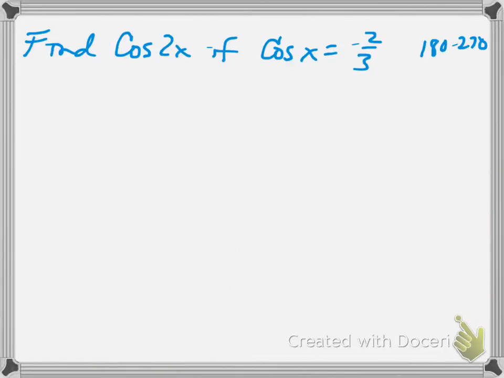Here we have find the cosine of 2x if the cosine of x is negative 2/3. And we're in 180 to 270. What do you see when you look at your reference sheet for a double angle formula for cosine? There's lots.